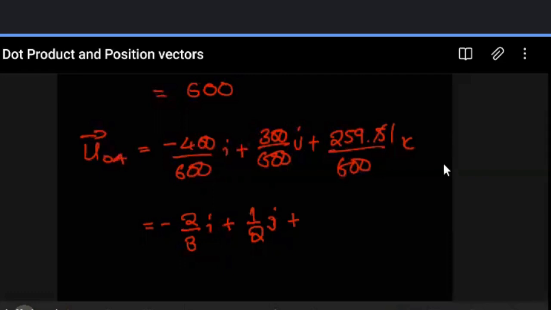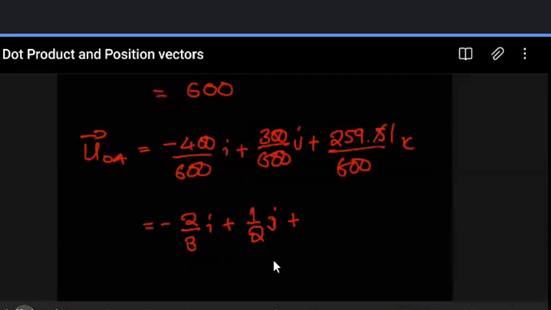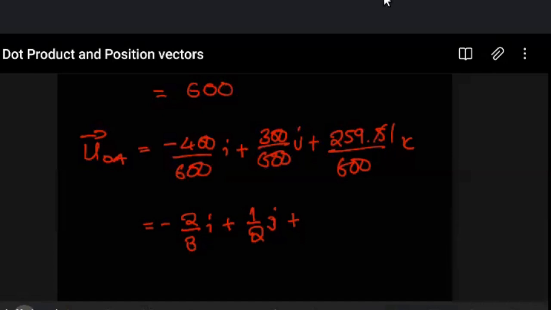It can't be a big number. It's a small number with a lot of decimals, 0 point something. It's 259.8 over 600, giving something like 0.43.